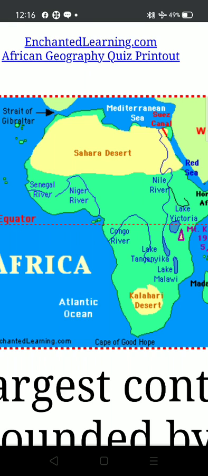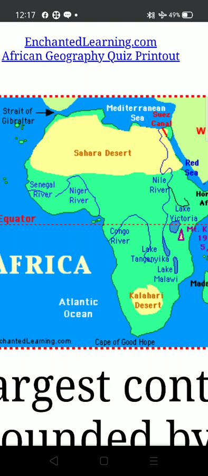Here you see some large lakes on the plateau. You see some big lakes. Okay, Lake Victoria, then Lake Tanganyika. These are the lakes we see here.